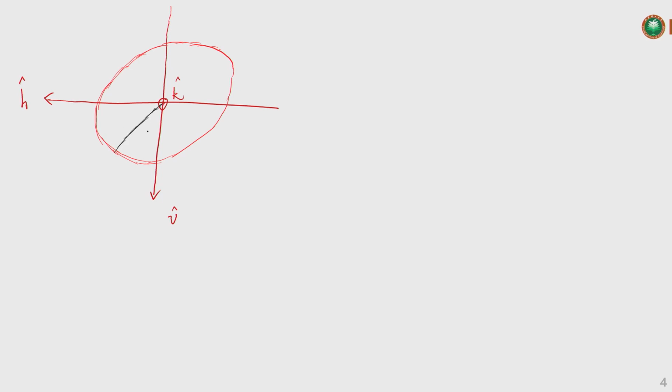We define its axis, its dimension, as psi, and along this direction we call it eta.